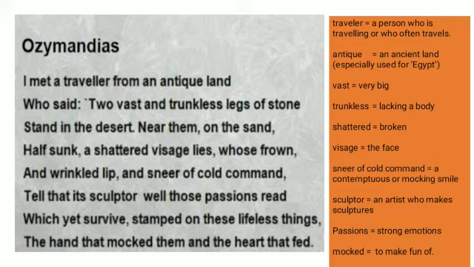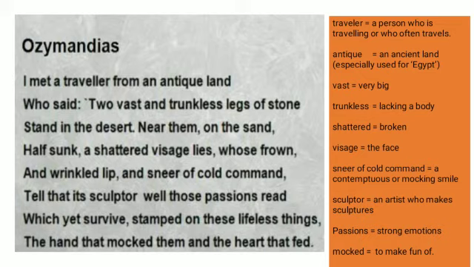Beta, antique land means an ancient land. We actually use this word for the country Egypt. So he is describing his meeting with a traveler who was traveling from an antique land, from Egypt. Now let's see what this traveler has to say.